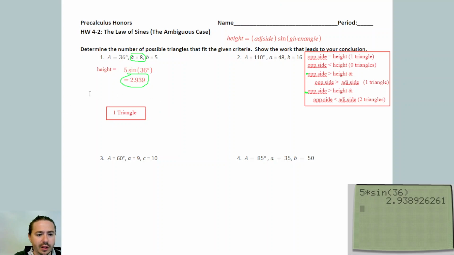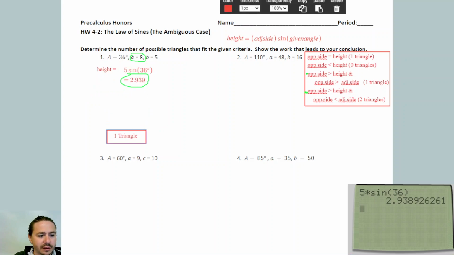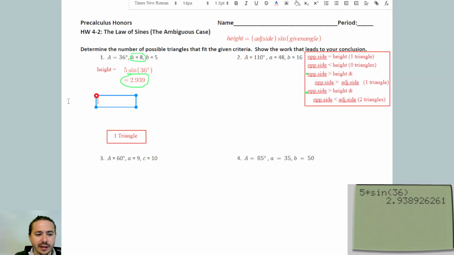To write out the justification in a cleaner way, we can say that since A is greater than the height, and A is greater than the side B, there is one triangle.